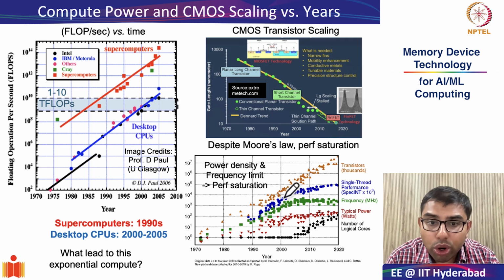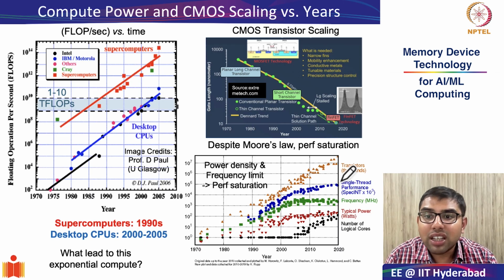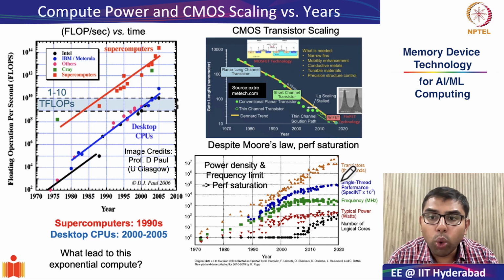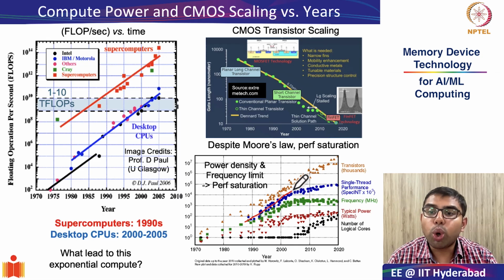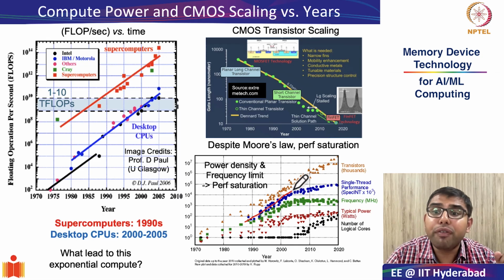Now I would like to draw your attention to the blue curve. Look at the blue curve. You can clearly see that the single thread performance, which is indicated by the blue curve, gradually rose till the mid 2000s and then it completely flattened out. Similar trends can also be seen in the green curve, which shows the processor's running frequency.